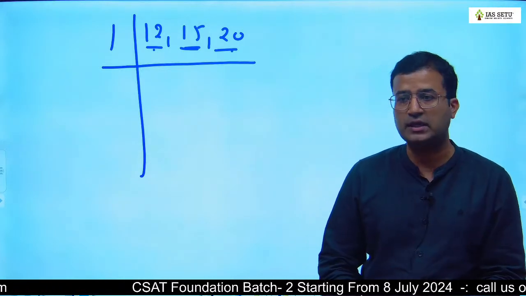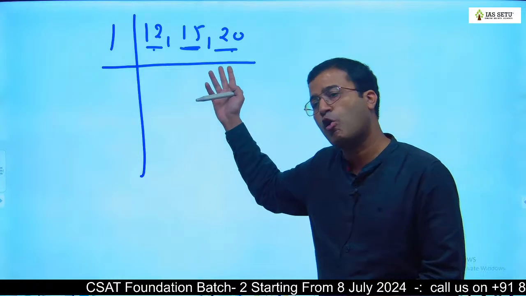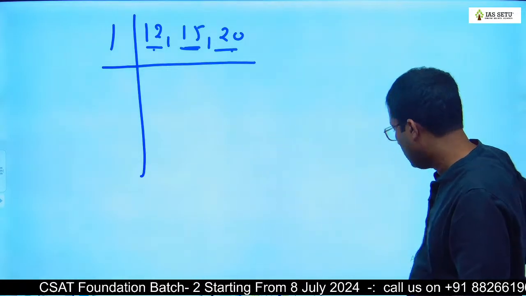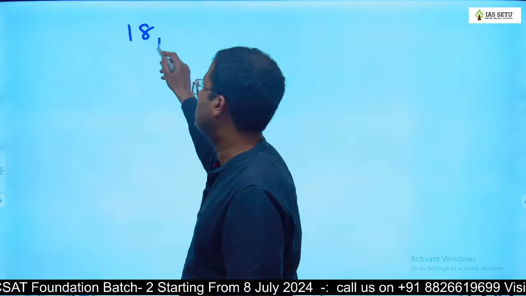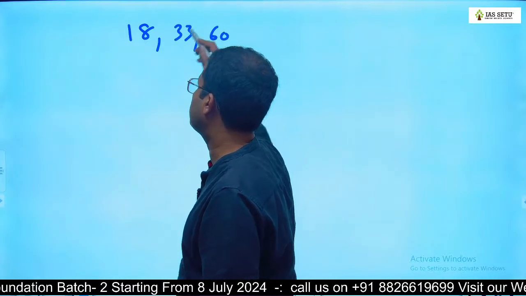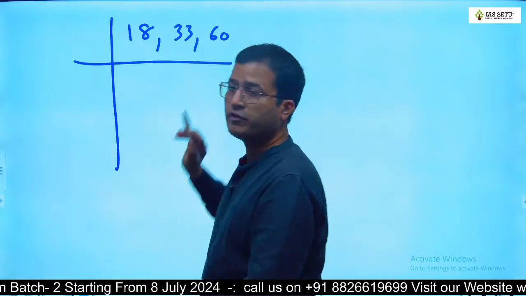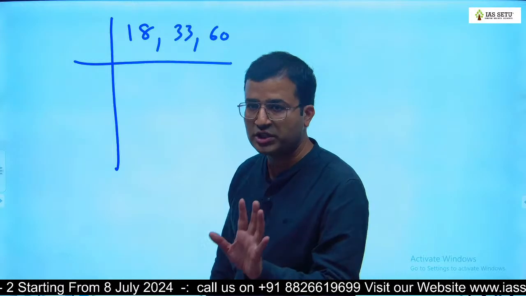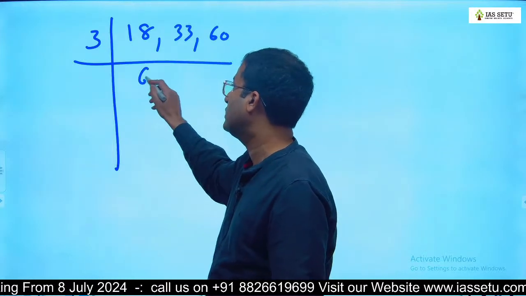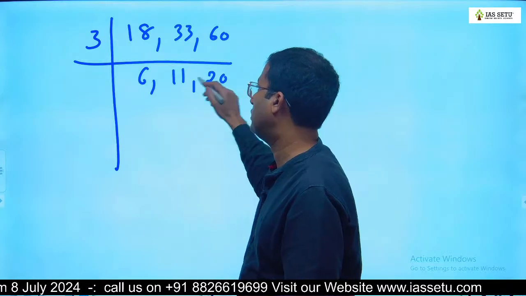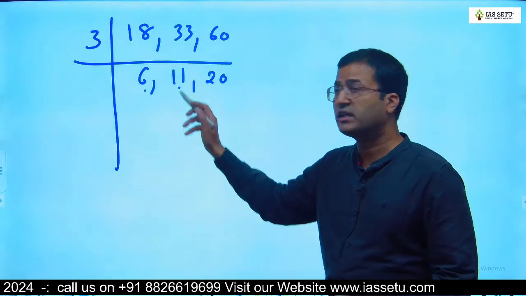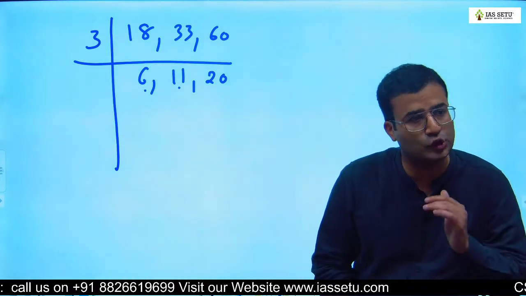HCF is easier. HCF के लिए we have to take common from all the numbers. Like here I take 18, 30. Yeah, we have one thing, 3 is common. 6 and 6, 11 we do common factors.